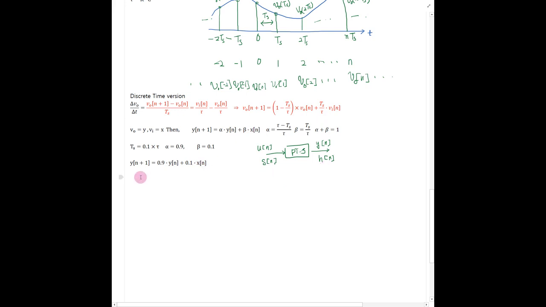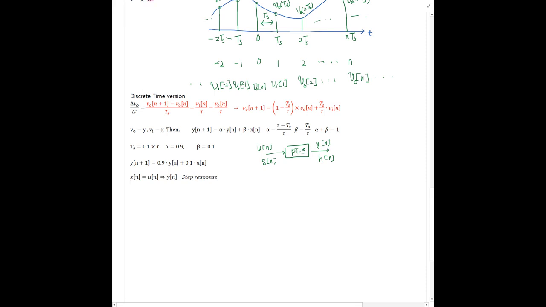It means that if we take x(n) as the unit step, then y(n) is the step response.